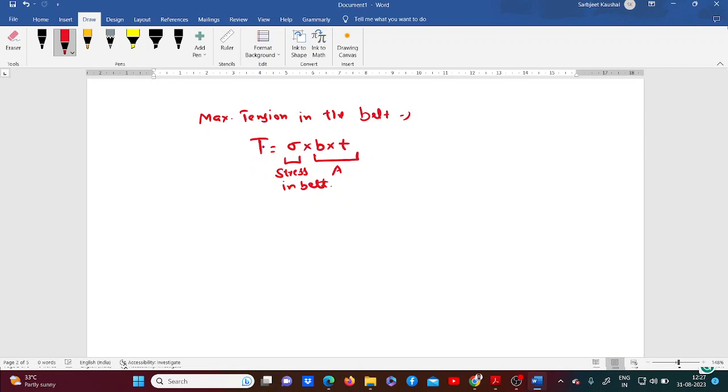So in this way we can calculate the maximum tension in the belt. Suppose this is the cross section area of the belt, this is the width of the belt, and this is the thickness of the belt.